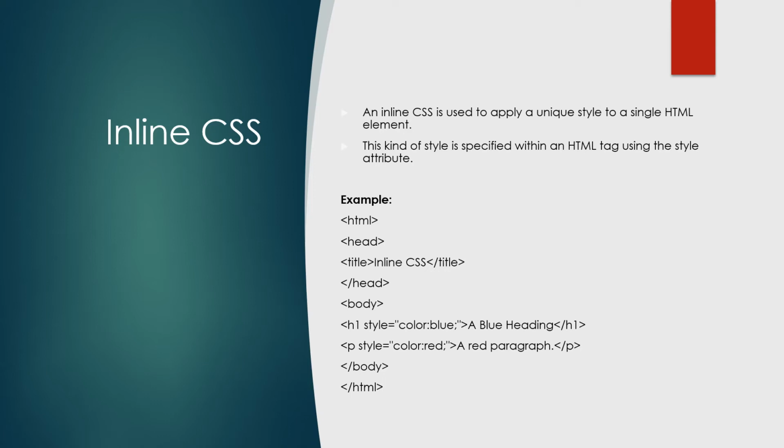That means the text within the h1 element, a blue heading, will be displayed in blue color. Similarly, within the p tag, the CSS property color is used and its value is set to red. Means the content, a red paragraph, which is in the p tag will be displayed in red color.